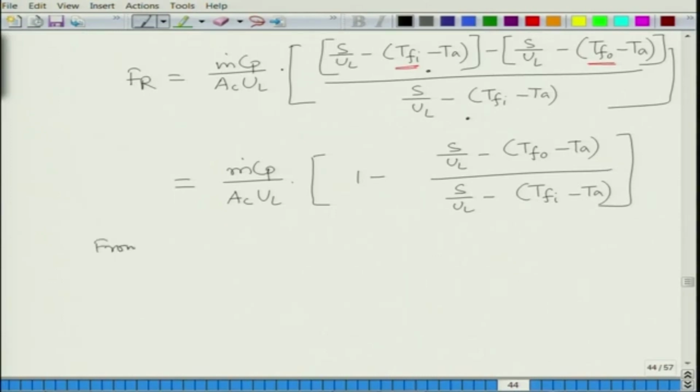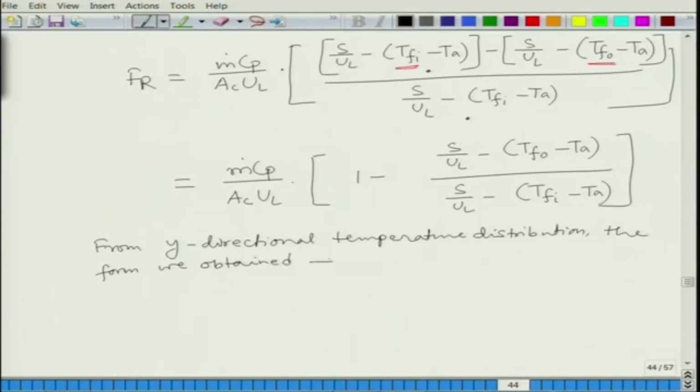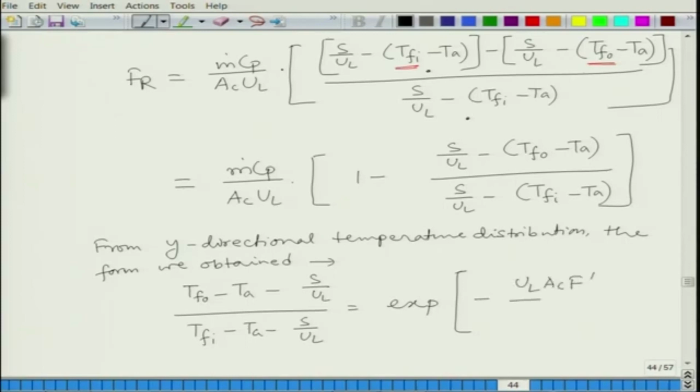From the y-directional temperature distribution, the form we obtained is the following: (T_F0 minus T_A minus S over U_L) divided by (T_FI minus T_A minus S over U_L) is nothing but exponential of minus U_L A_C F prime divided by m dot C_p.